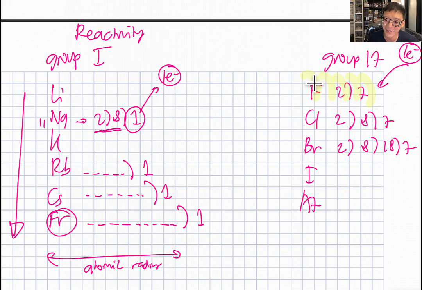So F has the strongest pull out of the other group 17 atoms. Therefore, for group 17, the reactivity increases as you go up the group. So F is the most reactive of group 17, while Fr is the most reactive of group 1 metals.